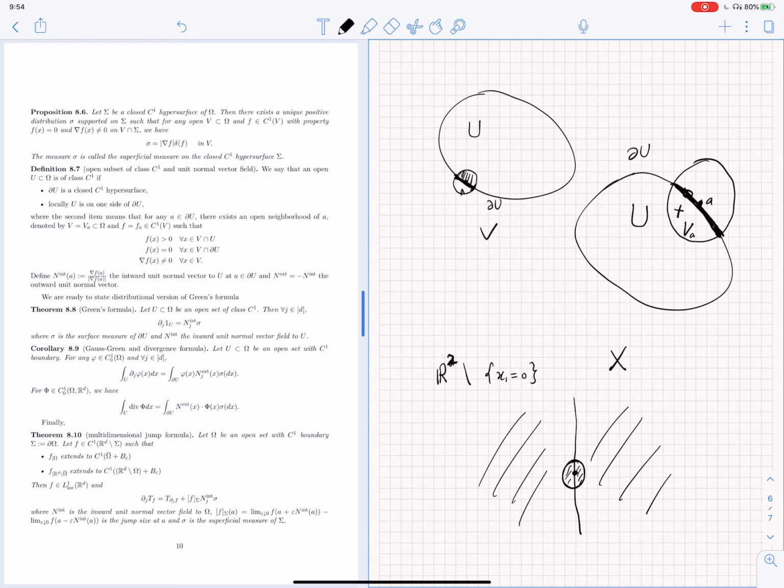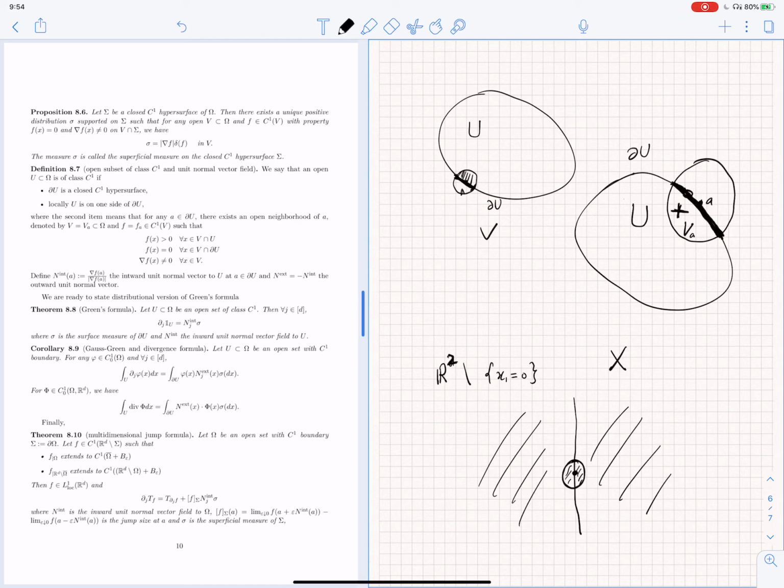Also, this function does not vanish on its zero set. The zero set in this case is nothing but the intersection of the boundary with the neighborhood V in here.